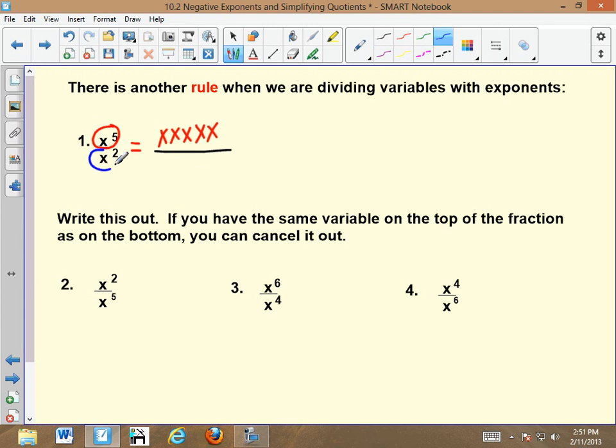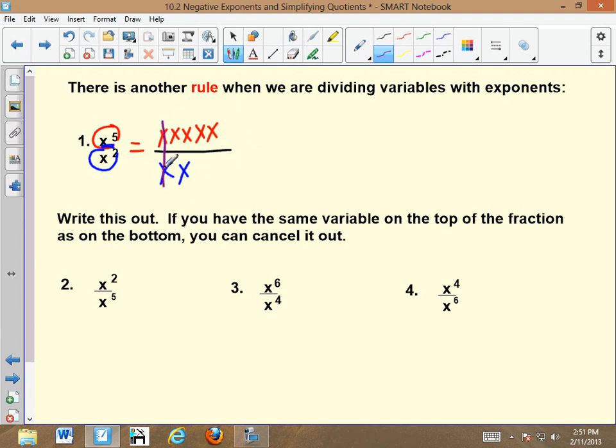How many x's do I have here? I hope you all said 2. So I can write this like this: 1, 2. Now, things on top cancel things on bottom.